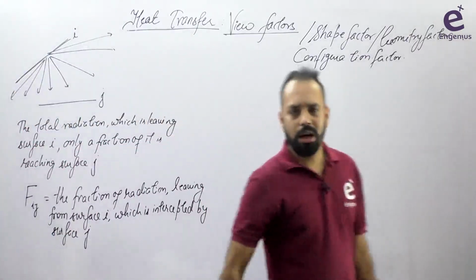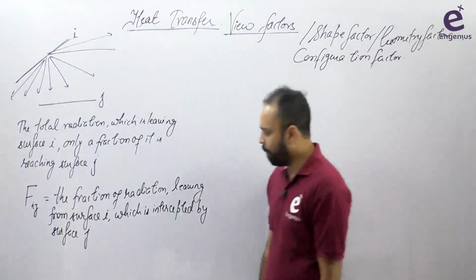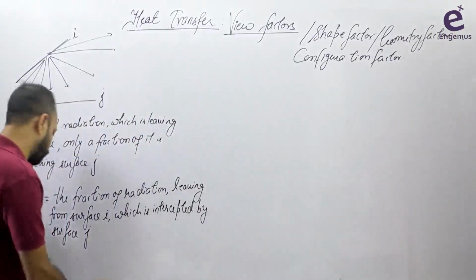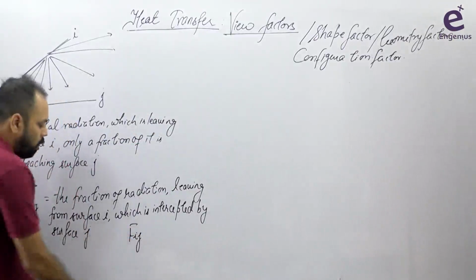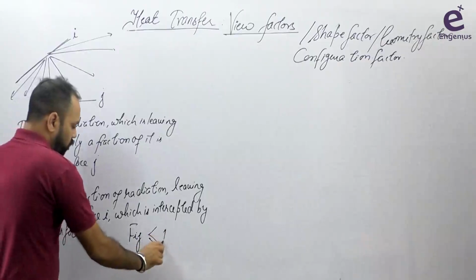Now definitely the value of Fij should be between 0 to 1, including 0 and 1. Means it can be 1 also. Means all the radiation leaving surface I is intercepted by surface J.